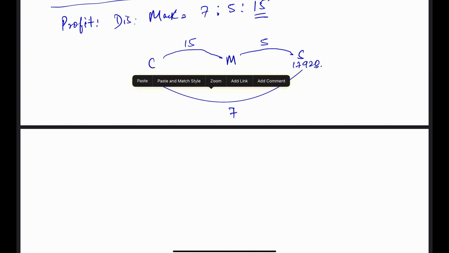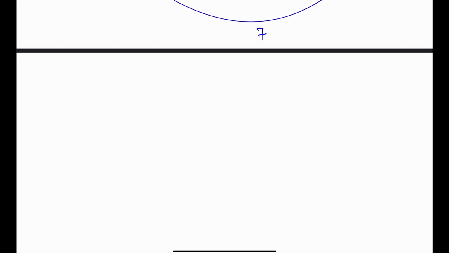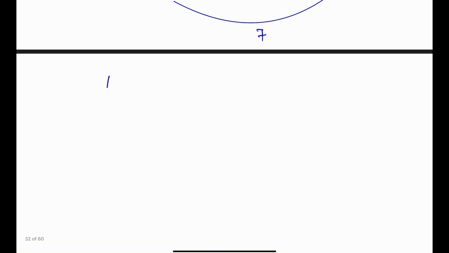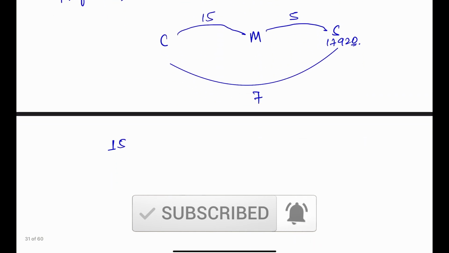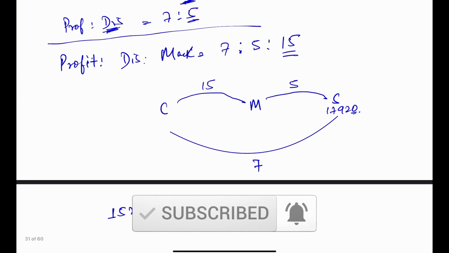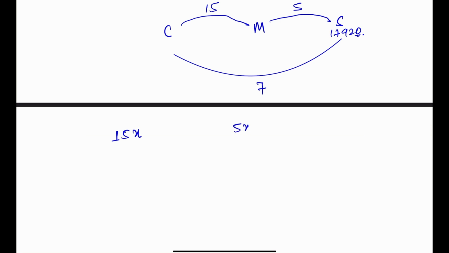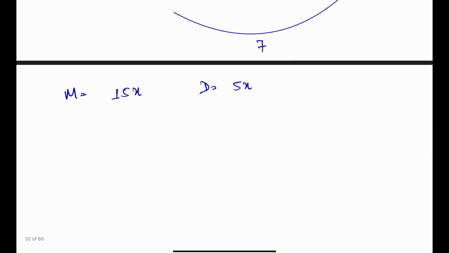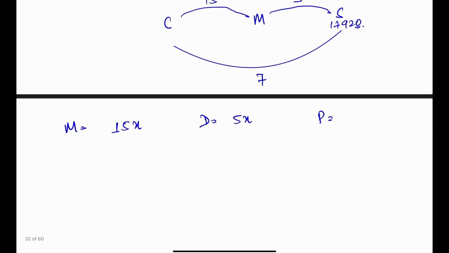So discount and markup. Markup is 15x, and discount is 5x. Markup, discount, and my profit is 7x.